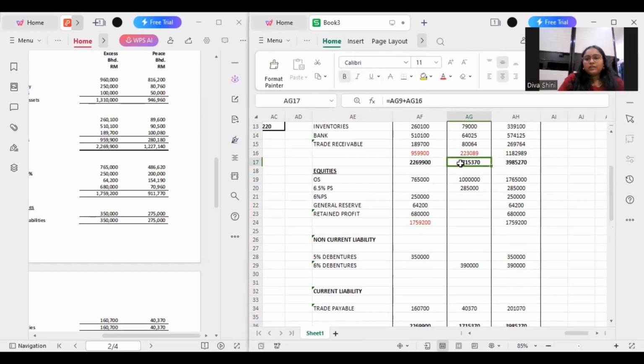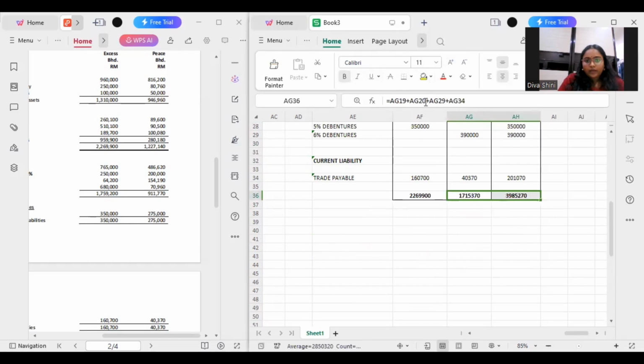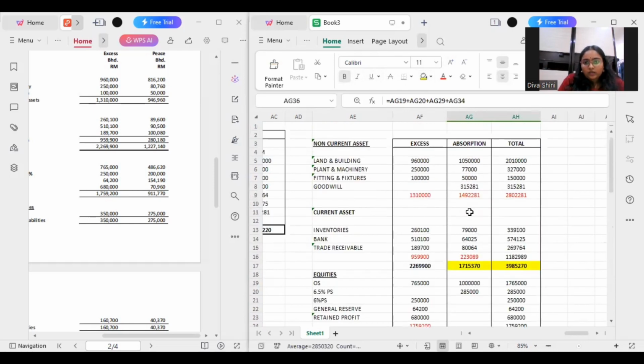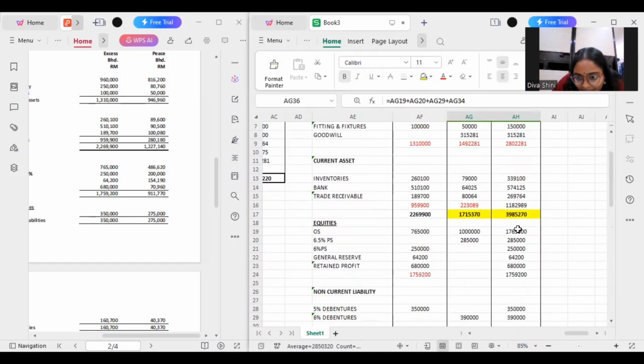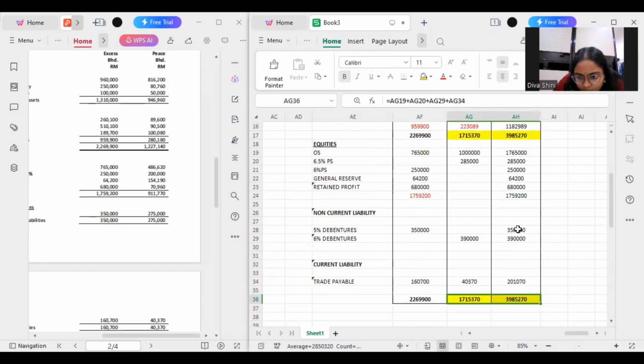So that's all for the SOFP. The account had been tally with the total number of 3,985,270.